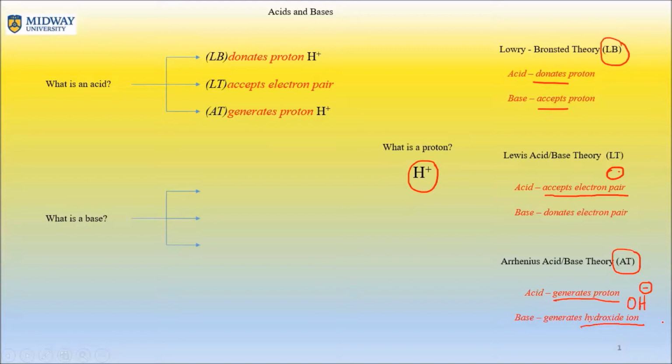Okay? And what is a base? According to Lowry-Bronsted, a base is a substance that accepts a proton. From a Lewis theory point of view, it donates an electron pair. And from an Arrhenius theory point of view, it generates a hydroxide ion.